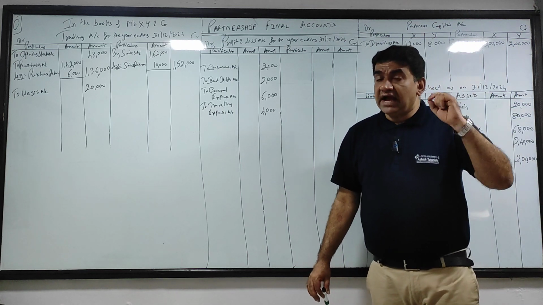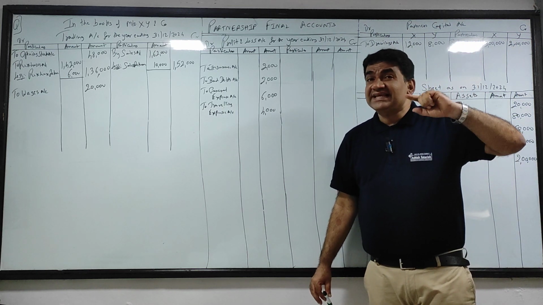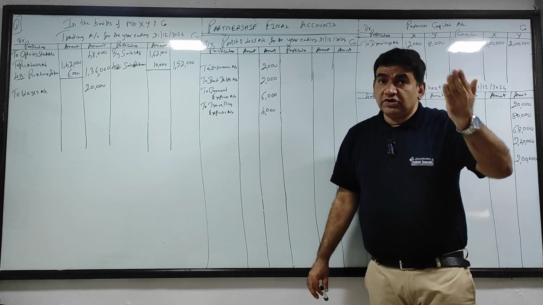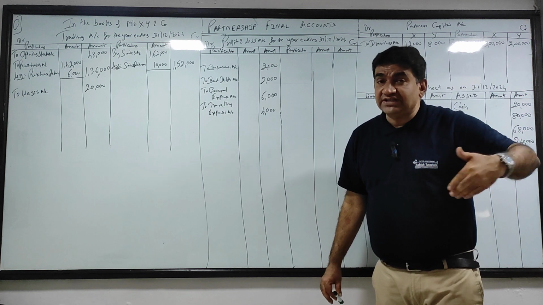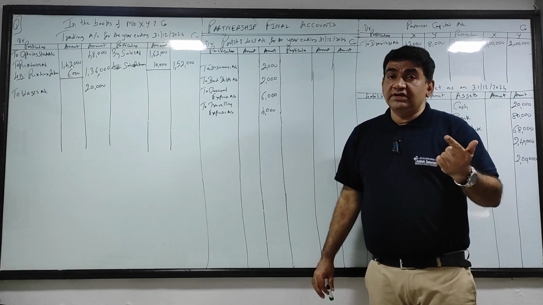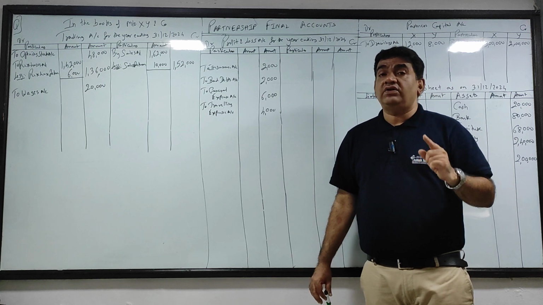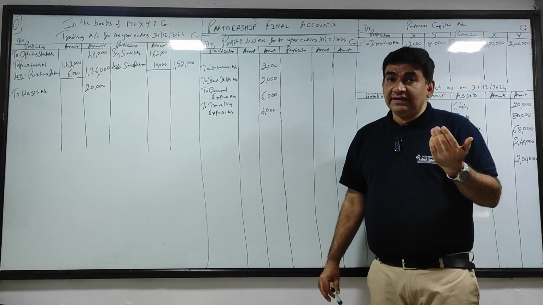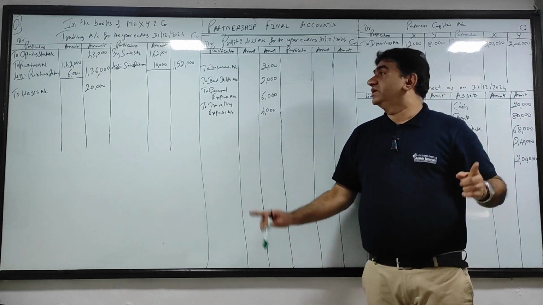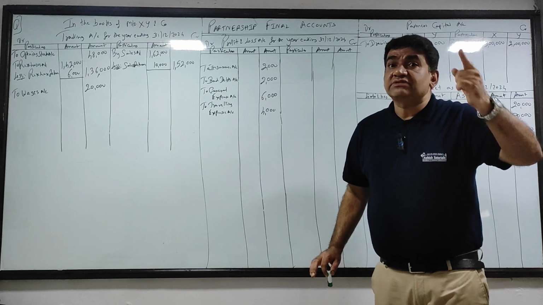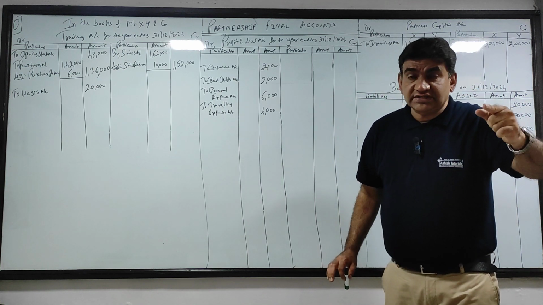Now when I say outward, outward means carriage or transport charges paid on sale of goods. Because out, goods bahar ja raha hai, so sales. And carriage inward means transport charges paid on purchase of goods. When I purchase goods, goods come in, inwards अंदर आ रहा है. So carriage outward, transport charges paid on sale of goods.